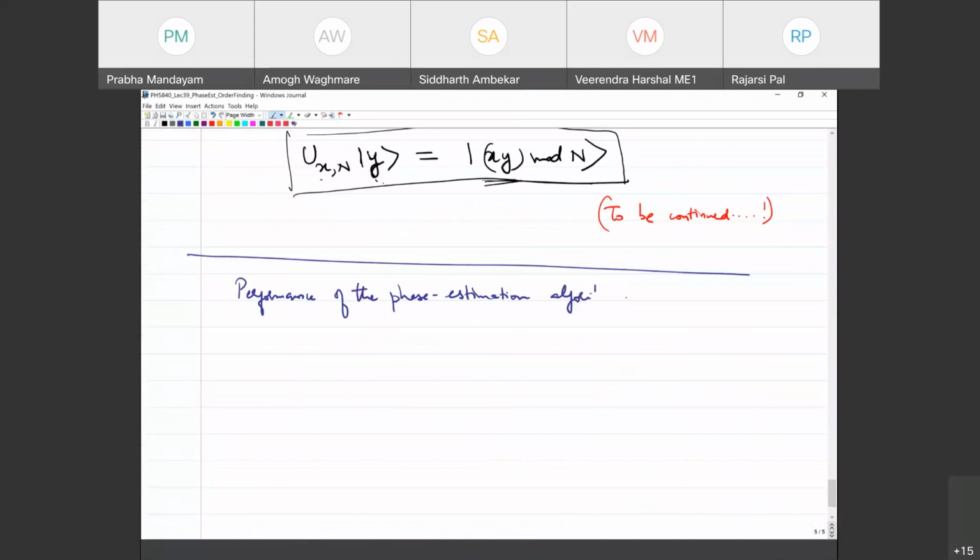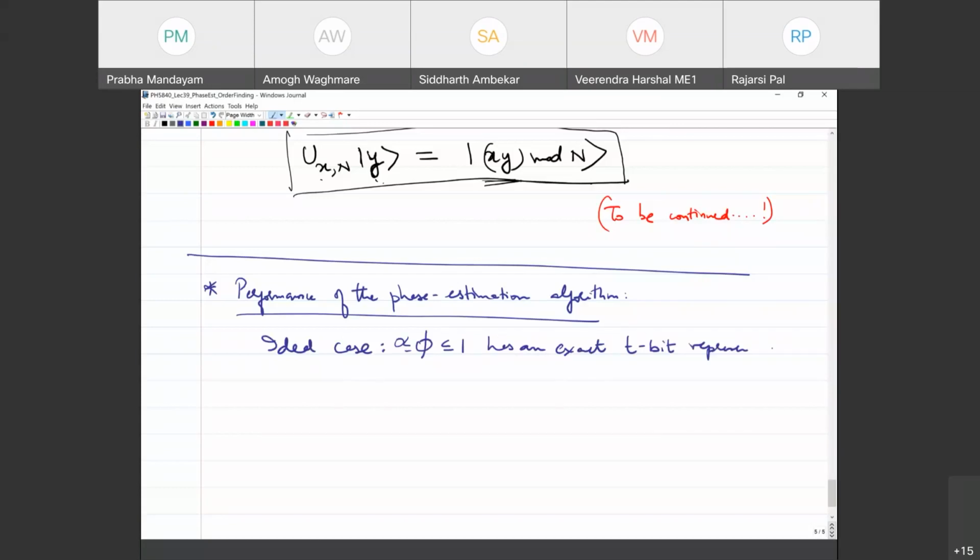What we discussed was the ideal case, where this phase phi, which as we said is some real number between 0 and 1, has an exact t-bit representation. In the sense that this can exactly be written as 0.φ1φ2 through φt. This is what we discussed.